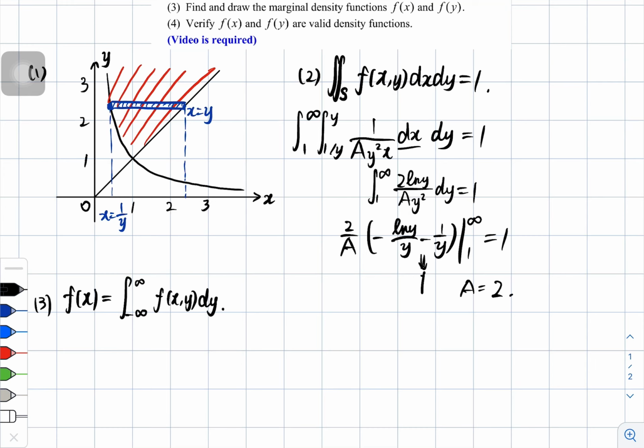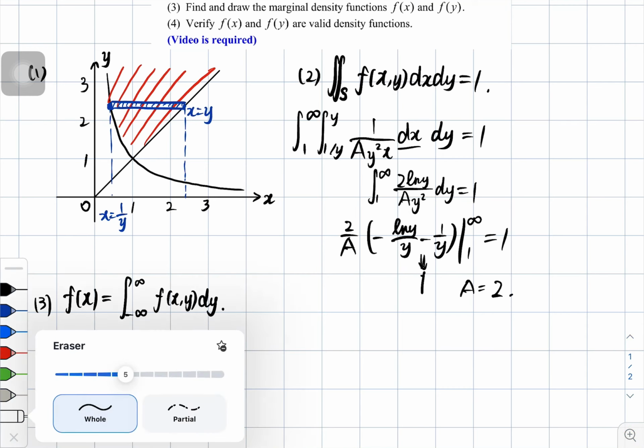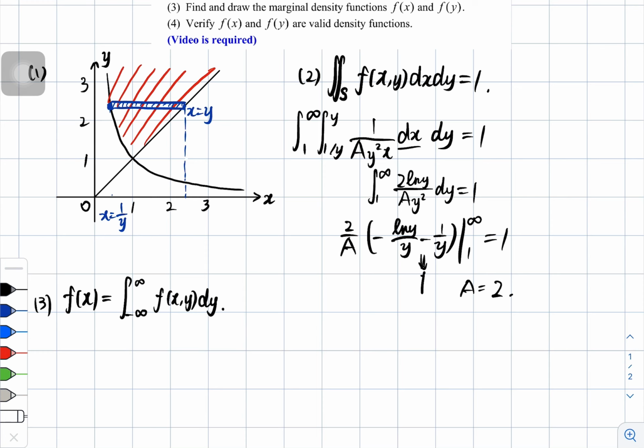How to consider this part? It is something like this.